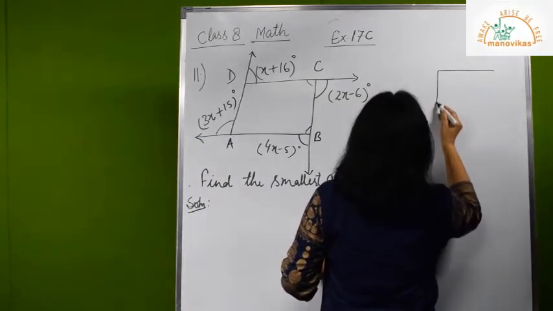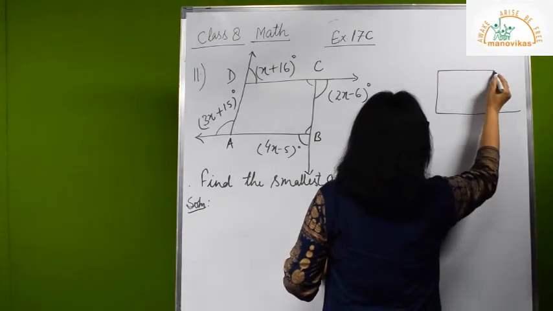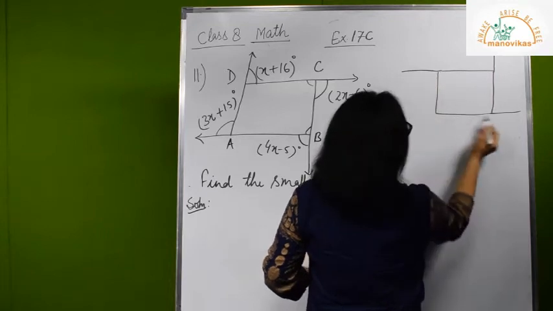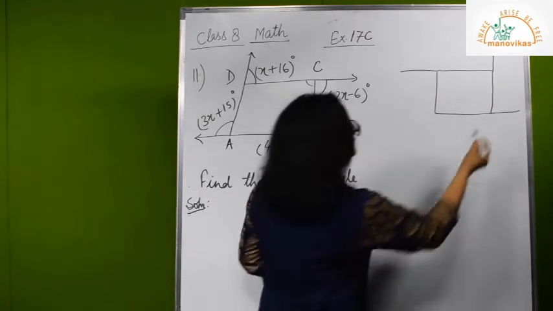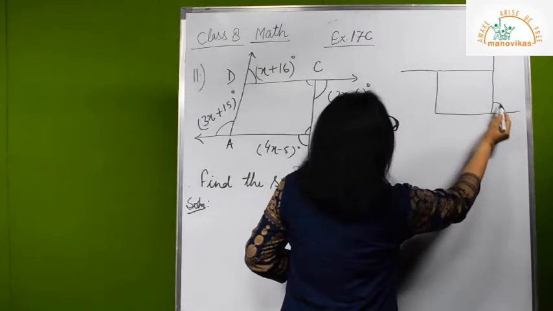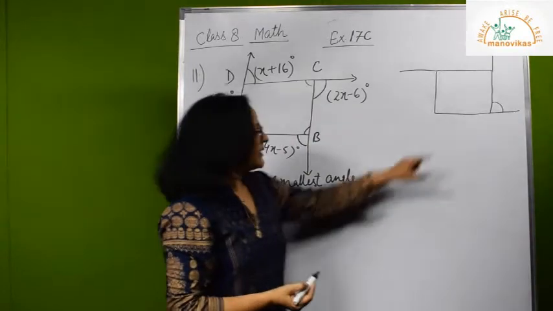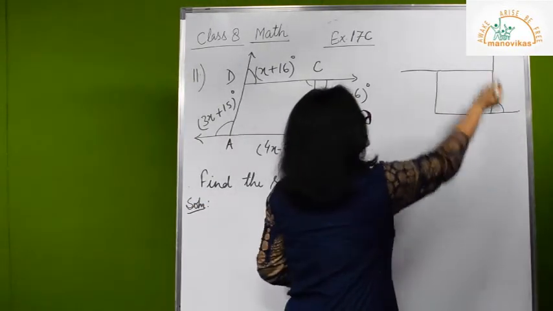Suppose there is any quadrilateral and its exterior angles are given. So how to get the exterior angle? If you extend the side of the quadrilateral, the angle that is formed by this extended side and the side of the quadrilateral is an exterior angle. All in the same direction.